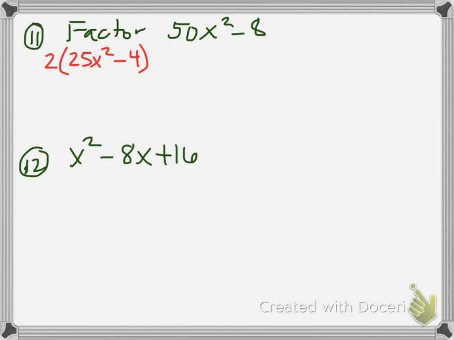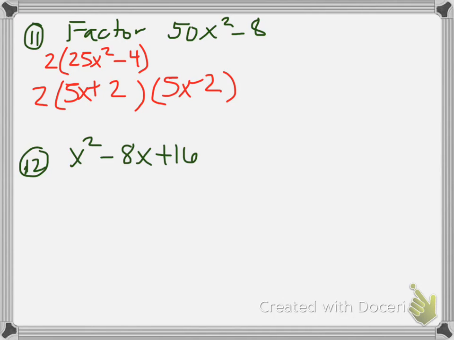Now look at 25 and 4. We've talked about special cases where you have numbers that you could take the square root of both. Can you take the square root of 25? Yes. Can you take the square root of 4? Yes. So when you write the final answer, what is the square root of 25? 5x and 5x. And what's the square root of 4? 2 and 2, but one's a positive and one's a negative.